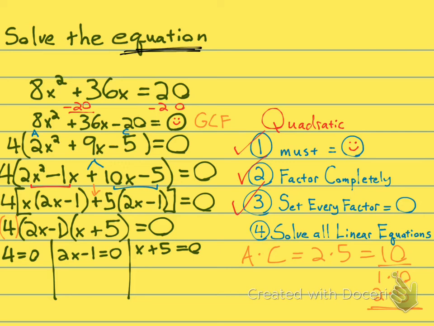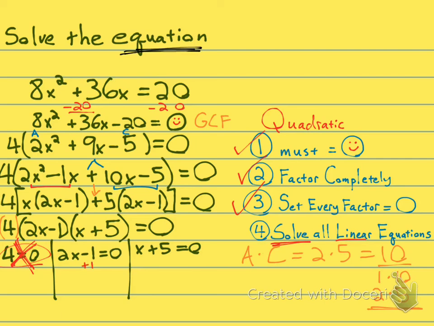Now the last step is to solve all the linear equations. Let's do it. Does 4 equal 0? No, 4 doesn't equal 0. I can't get any answers from there. I don't even have a variable there, an x. So I don't get any answer there. Let's do this one, 2x minus 1 equals 0. I'm going to get my x by itself.